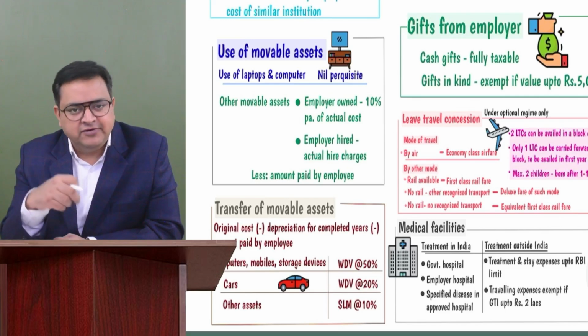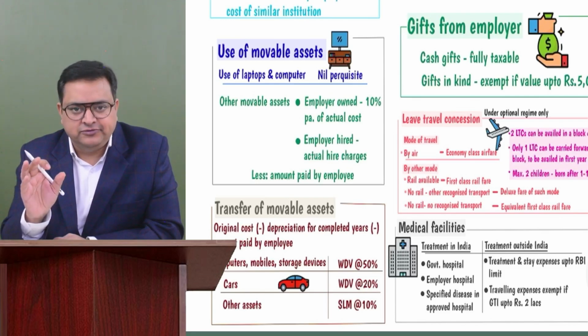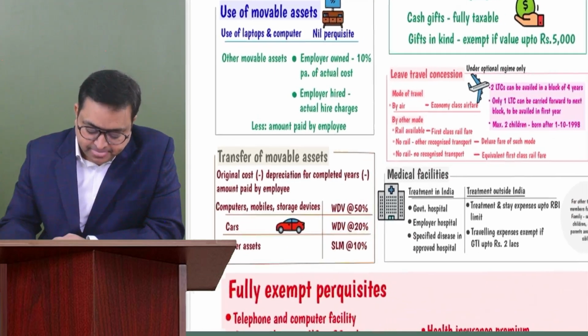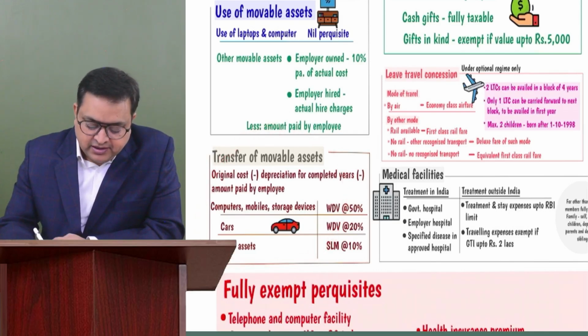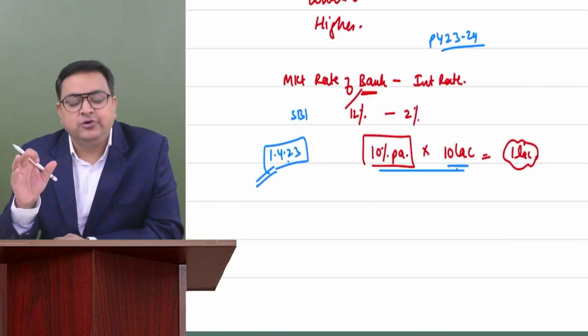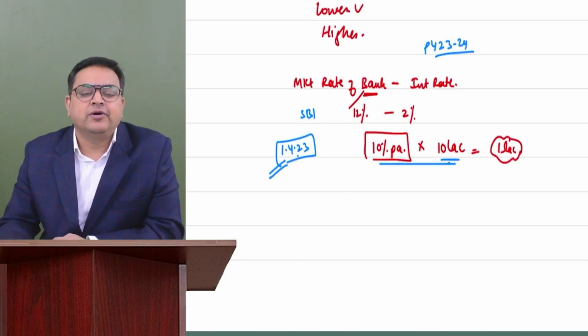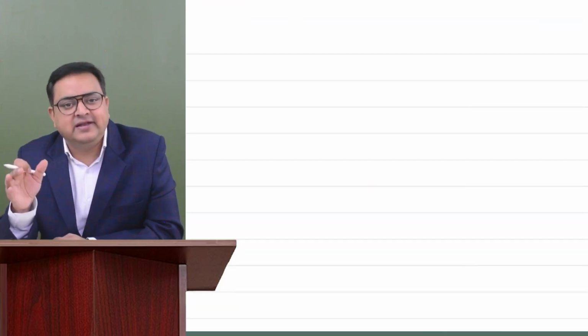If any amount is recovered from you, please subtract that amount also. Got it? This is important. If we transfer any asset to you, if you purchase the asset from your employer at a concessional value, and they are permanently selling it to you.